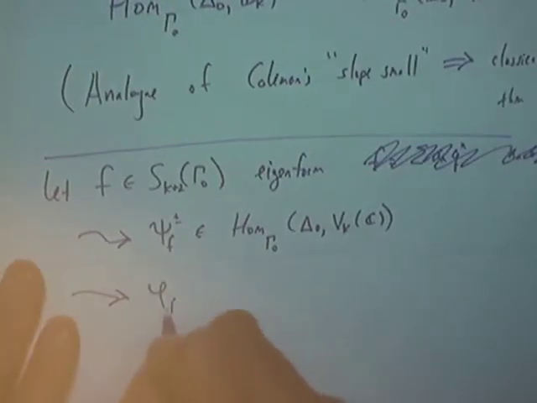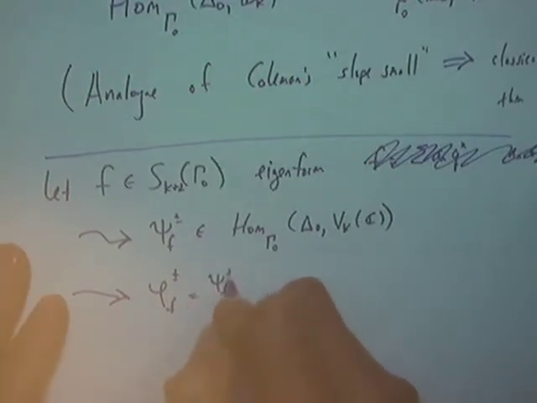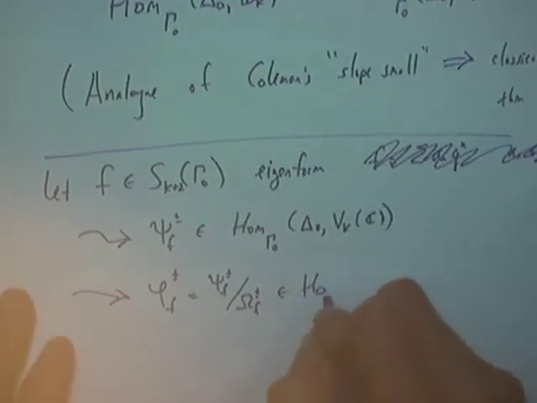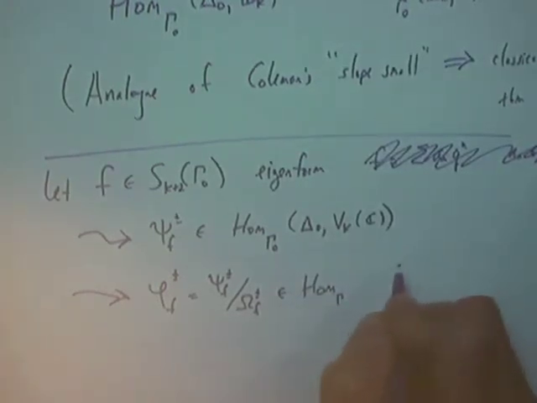Okay. So rather than psi_f, I'm going to write phi_f plus or minus, and this is going to be defined as psi_f plus or minus modulo some complex periods, omega_f plus or minus. And these are supposed to be like the period lattice that I wrote down in the original example.